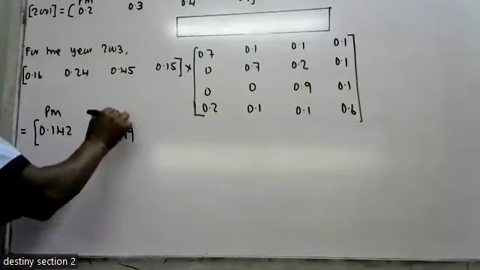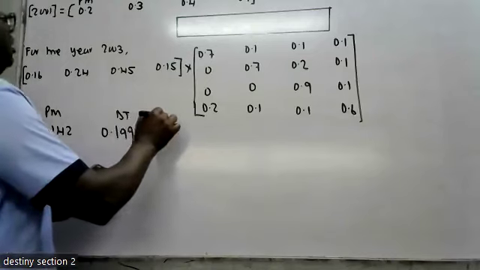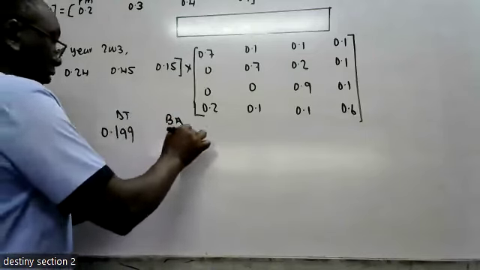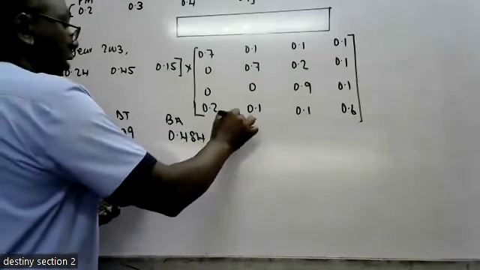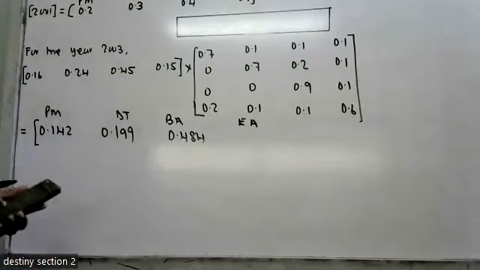This is in DT. Then 0.16 times 0.1 plus 0.24 times 0.2 plus 0.45 times 0.9 plus 0.15 times 0.1 is, this is now for BA, 0.484, and then for EA, instead of multiplying, I'll just subtract.